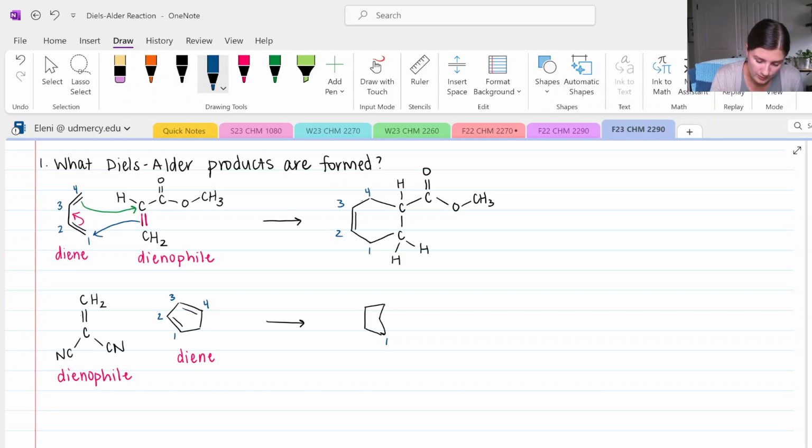So here's carbon 1, 2, 3, and 4. This makes it easier to show the new bond to carbon 1, we can show that down here, and the new bond to carbon 4.